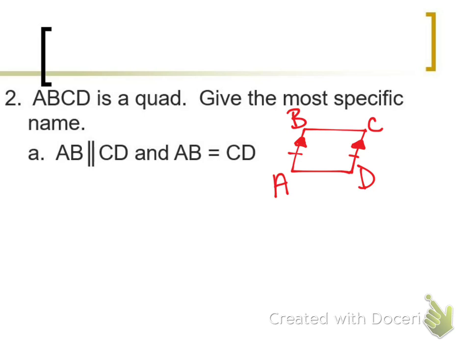We have one pair of sides that is both parallel and congruent. What did we write that under earlier in these notes? One pair of sides both parallel and congruent. We wrote that under parallelogram. That was the 5th one under parallelogram. That was one of those special situations that we haven't seen yet. So on letter A, we would have a parallelogram.